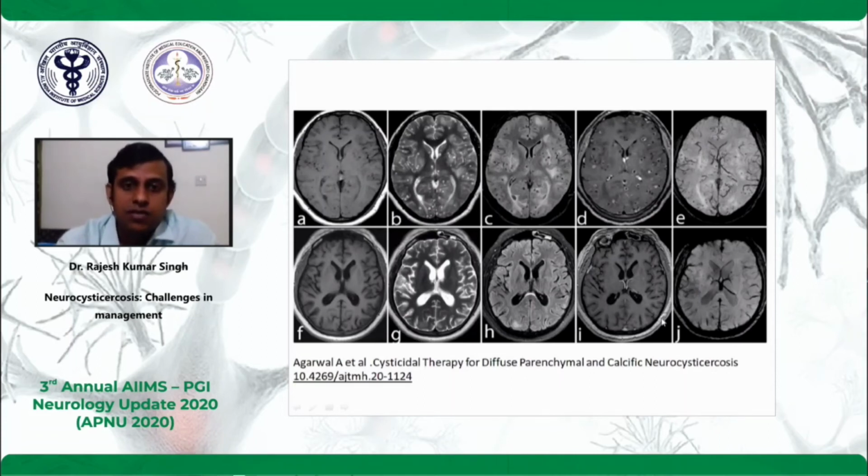Although it is a controversial topic, and there have been reports of death even in patients who were given antiparasitic treatment, a randomized control trial is warranted before concluding that it can be given in starry sky or multiple NCC, and definitely not with raised ICP.